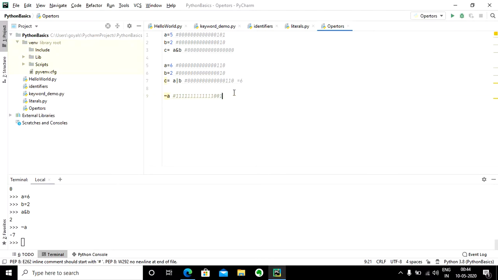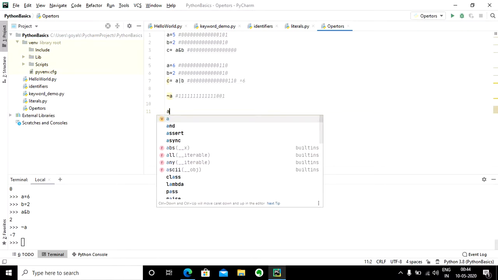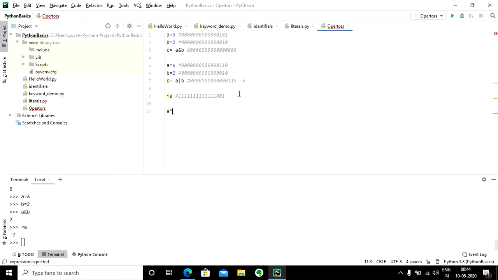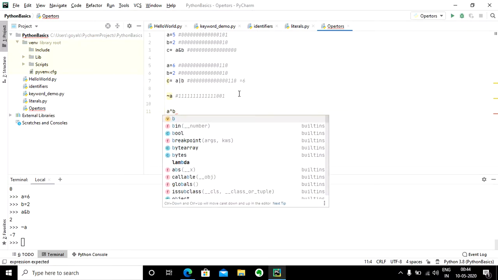Now let's talk about bitwise XOR. That is a new operation. XOR is written as A cap sign B. How does XOR work? XOR gives 0 for similar bits and 1 for different bits.